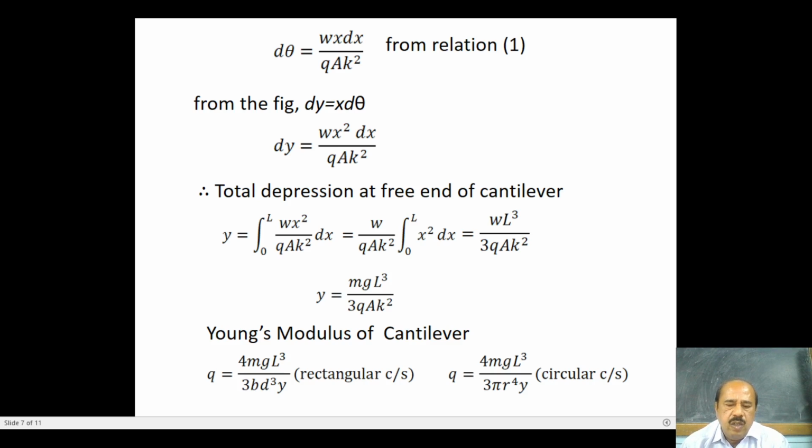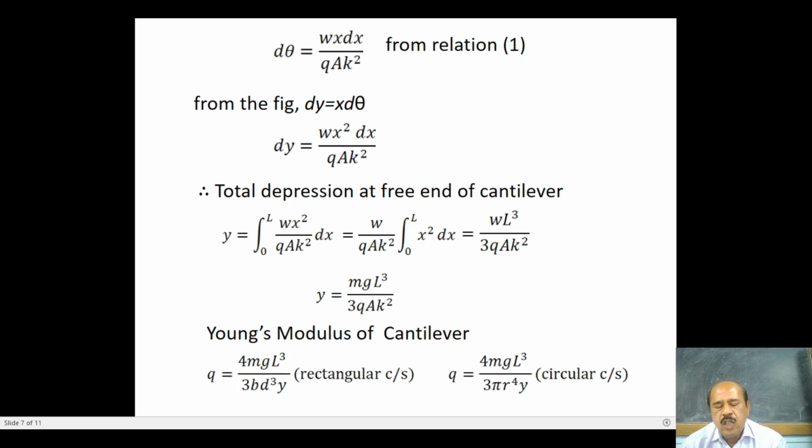To determine the Young's modulus of the given cantilever, by rearranging this equation we can write Y equals 4 m g L cube divided by b d cube into y. This is the expression for the Young's modulus of the cantilever for a rectangular cross section.